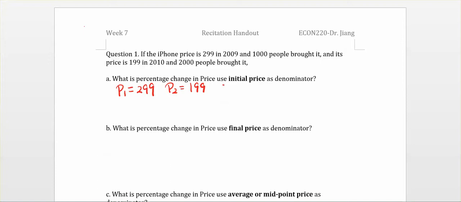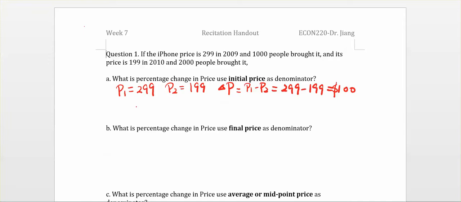We use delta P, the triangle P, to label the price change. It is equal to P1 minus P2, which gives us $299 minus $199, and we get a $100 difference. So the price change is $100.